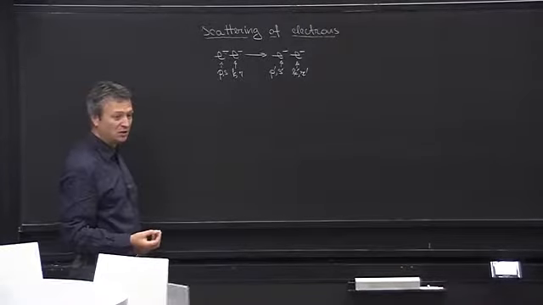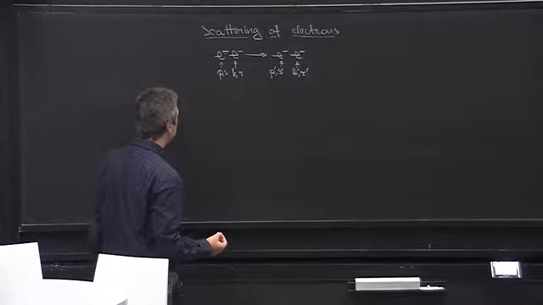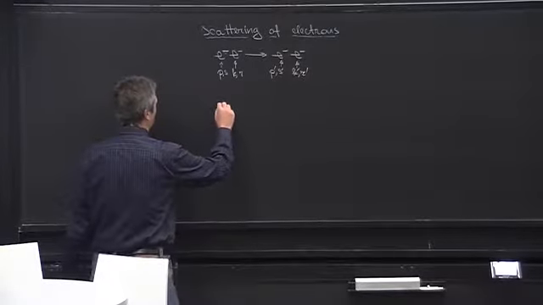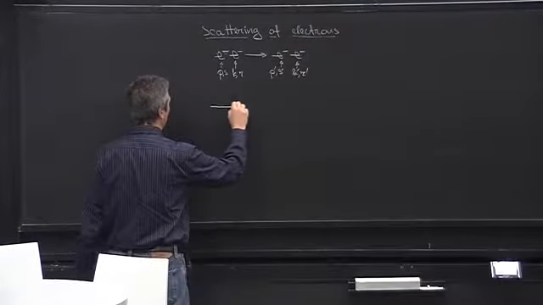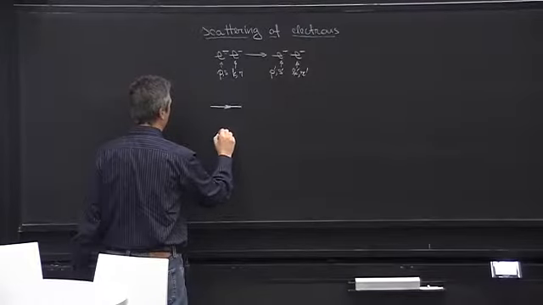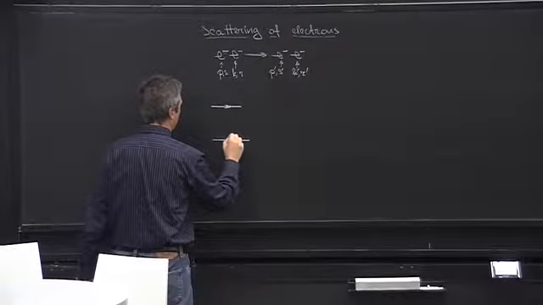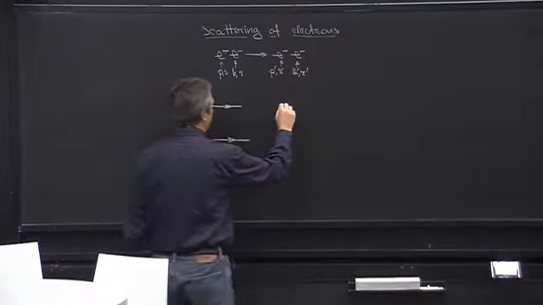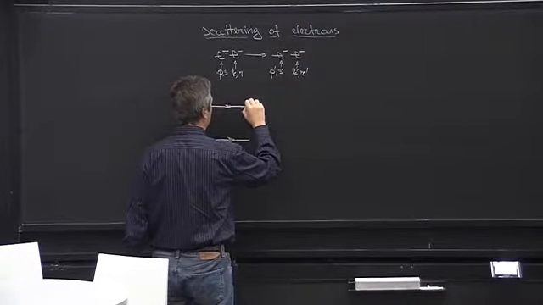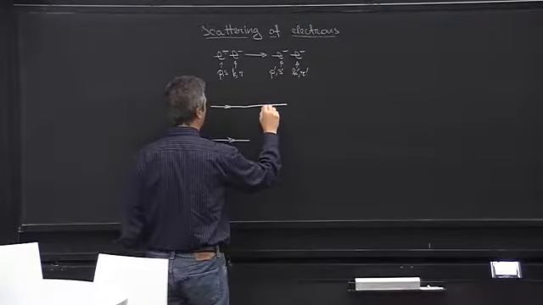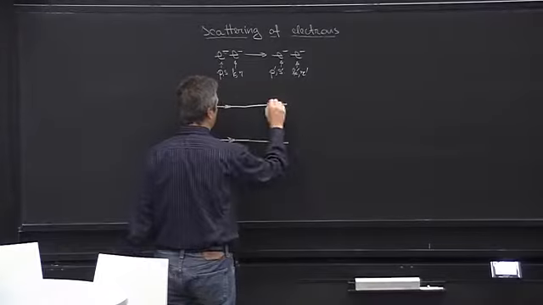So we need to draw the diagrams that describe this process. So we have two electrons in the initial state and two electrons in the final state. So the simplest diagram that we can draw is this one.